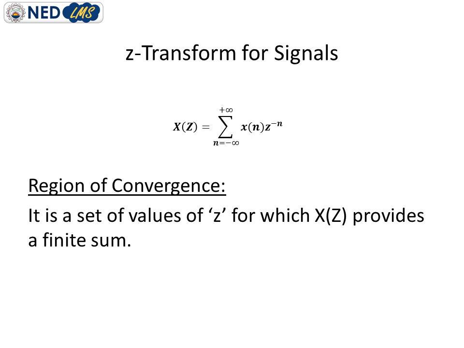If the value of Z results in the magnitude of X of z as a finite sum, then it is under the region of convergence. So we will consider only those values of z for which this expression gives finite magnitude.